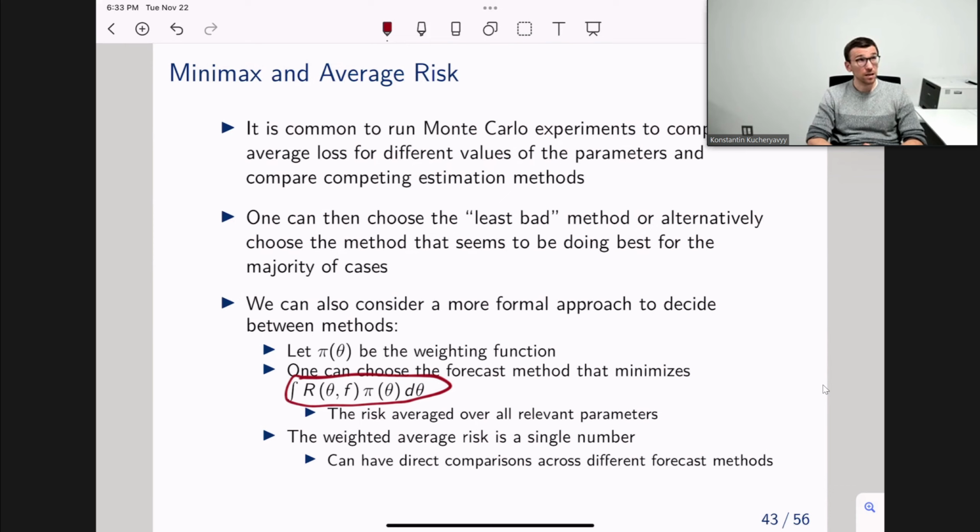Let me just say to finish this that the need to somehow come up with some forecasting scheme that works across different parameter values naturally leads us to Bayesian estimation. But conceptually, Bayesian estimation also takes a different view on the nature of uncertainty. And we're going to talk about it next time.